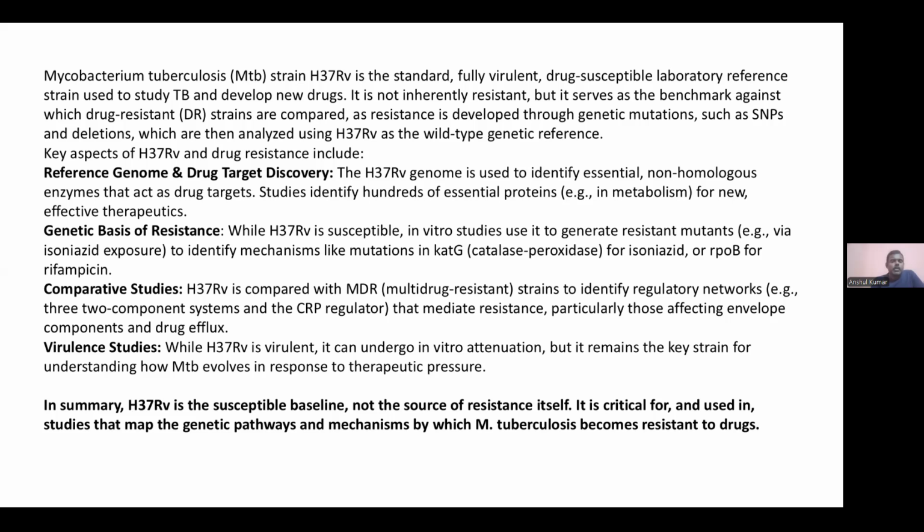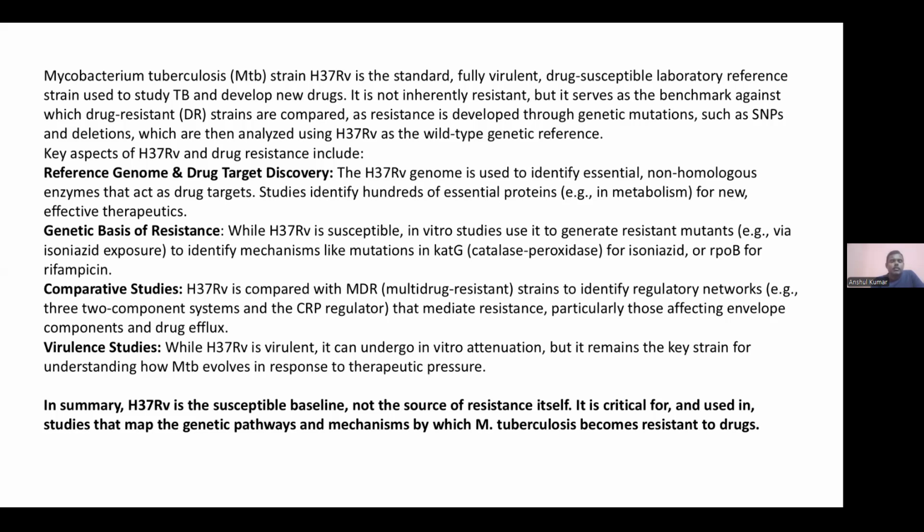Key aspects of H37Rv and drug resistance include reference genome and drug target discovery. The H37Rv genome is used to identify essential non-homologous enzymes that act as drug targets. Studies identify hundreds of essential proteins for new effective therapeutics.